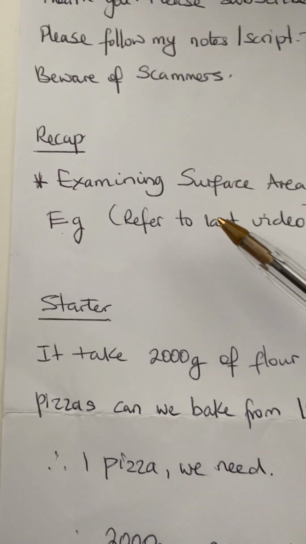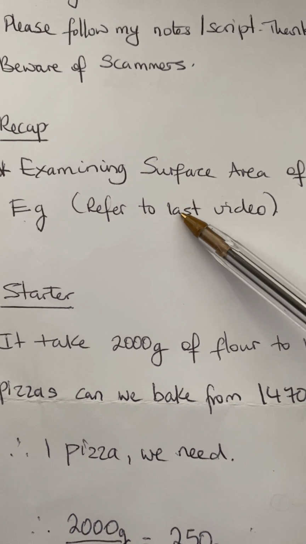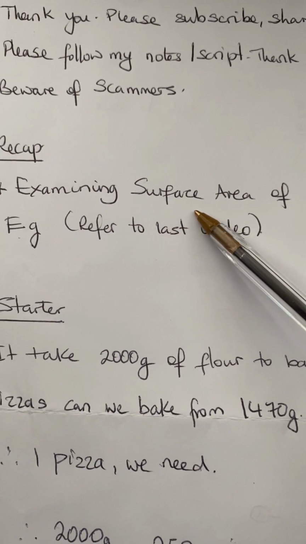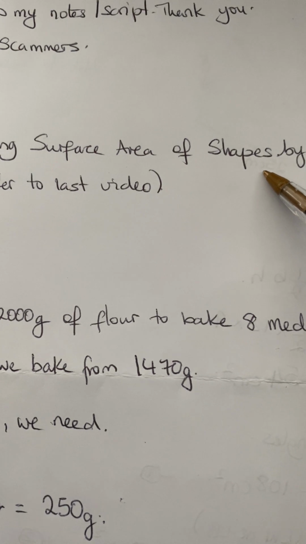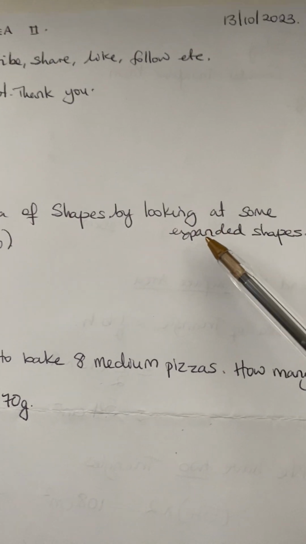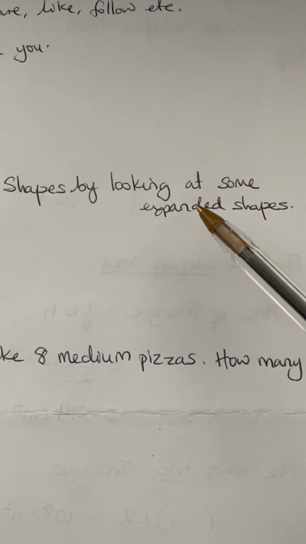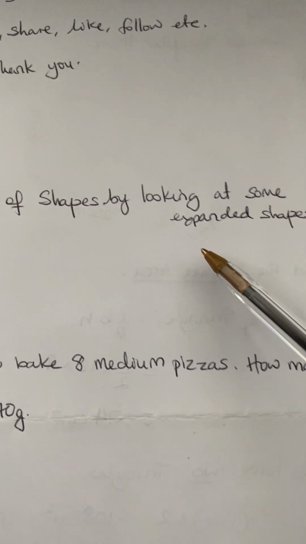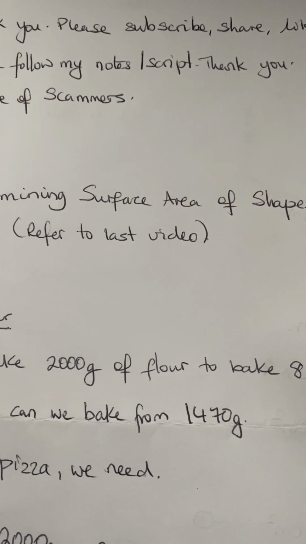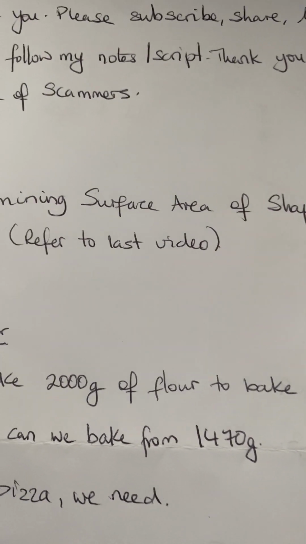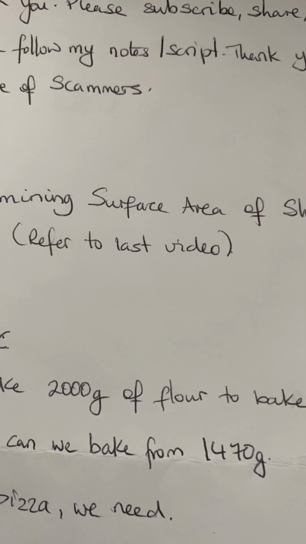Now, recap. Last lesson, we started by looking at surface area of shapes, by looking at some expanded shapes. For instance, a cuboid, I drew it open for you.